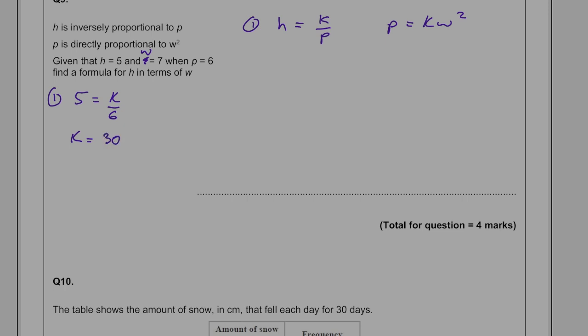So our formula there would have been H is equal to 30 over P. Right, and now if I look at equation 2, 6 is going to be equal to K times by 49. K is going to be equal to 6 times by 49. Well, 6 times by 50 would be 350.